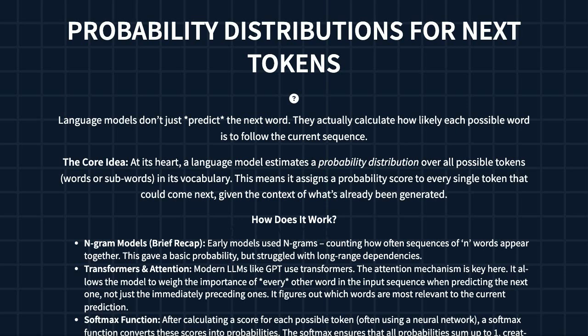Attention lets the model focus on the relevant parts of the input sequence when making its prediction, not just the last few words. This is a huge improvement. After the model calculates scores for each possible word, it uses a function called softmax to turn those scores into probabilities, so you get a nice, tidy distribution where all the probabilities add up to 1.